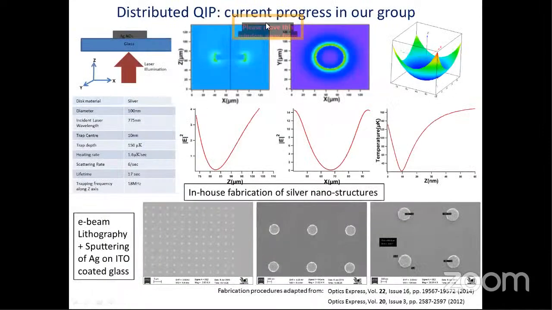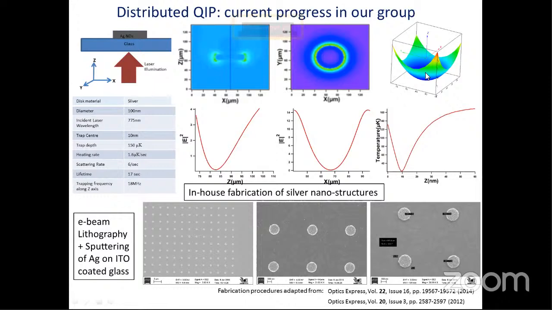Now, on the distributed quantum information processing side, what we are doing is using confinement of light near metallic nanostructures, which are disk-like nanostructures, where we create an optical trapping field. This inverted hat is a potential to trap atoms.